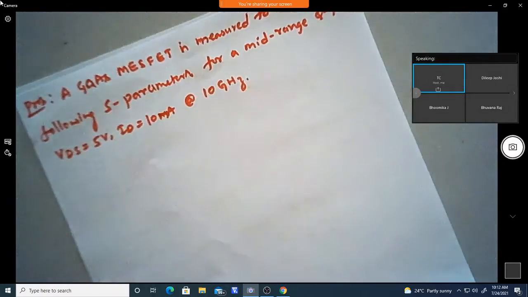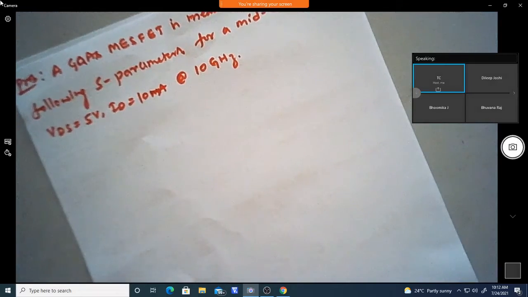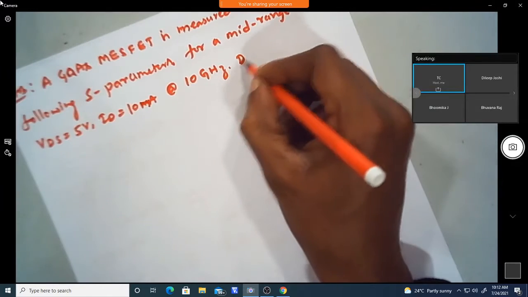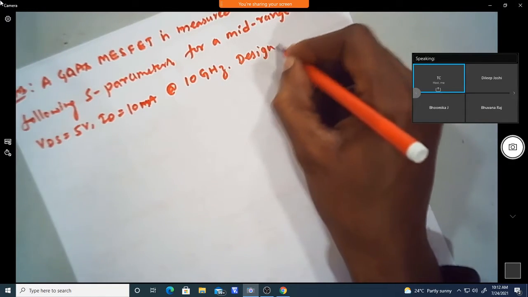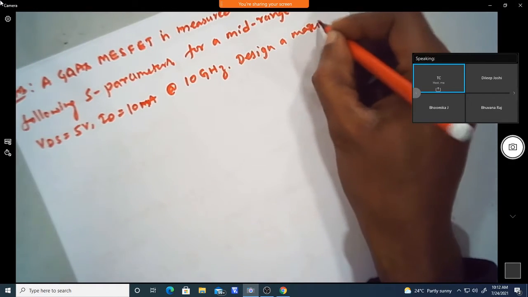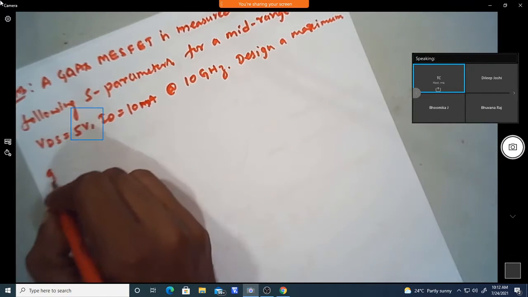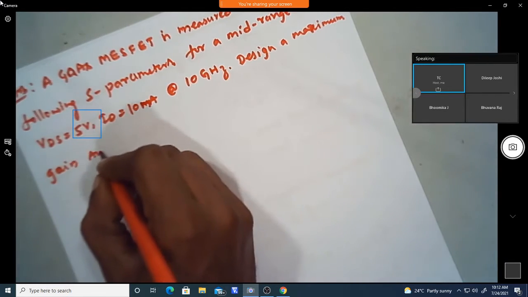Now we need to design a maximum gain amplifier.